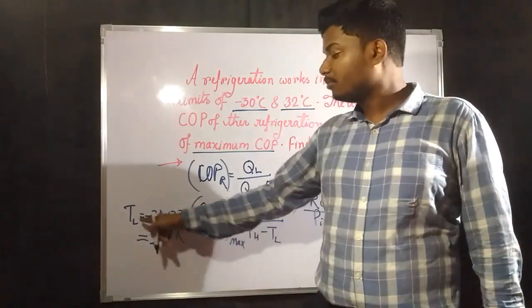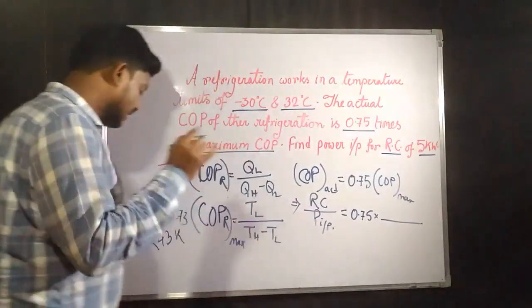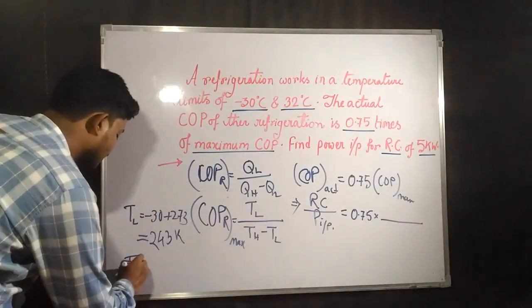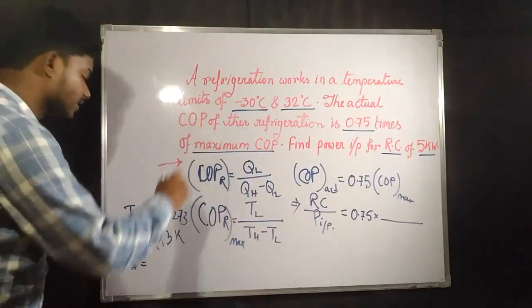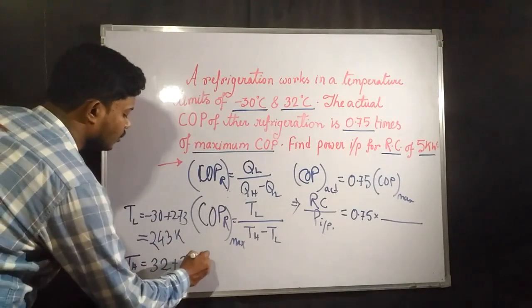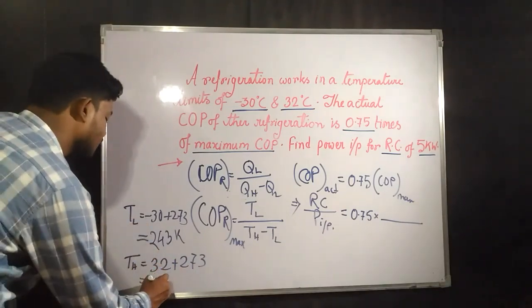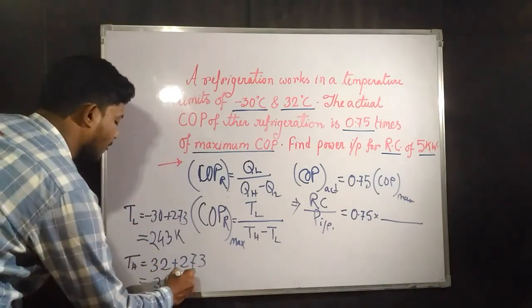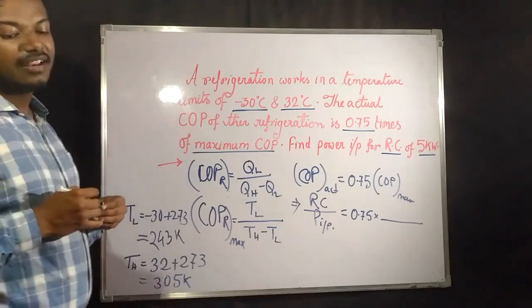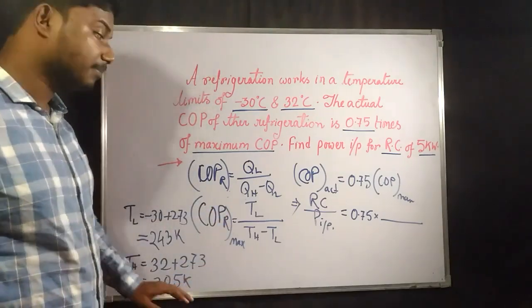For the higher temperature, same procedure, you add 32 degrees given to 273, and you get 305 Kelvin.